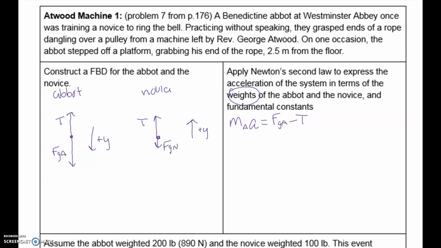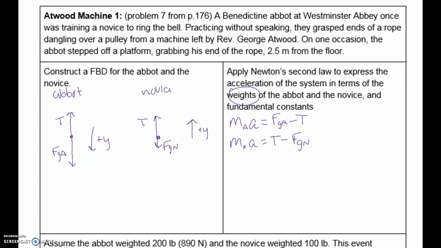For my Novice, alright, my net force is mass times acceleration. Again, their accelerations have the same magnitude, so I'm going to express them both as A. And that's going to be equal to, now this time my tension's positive, and I have a negative force of gravity of the Novice.